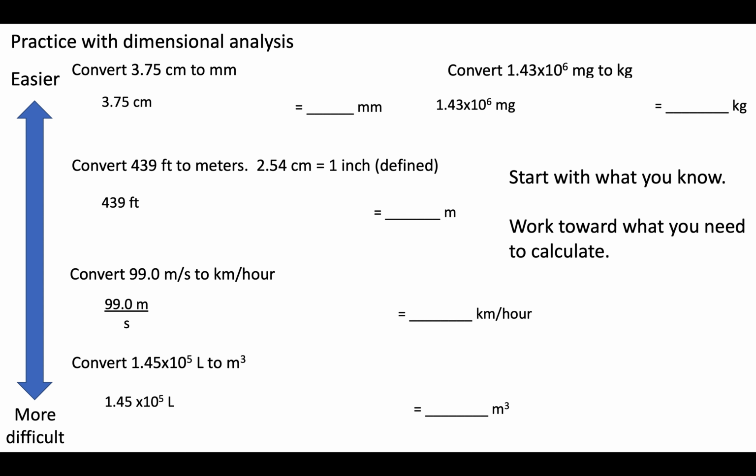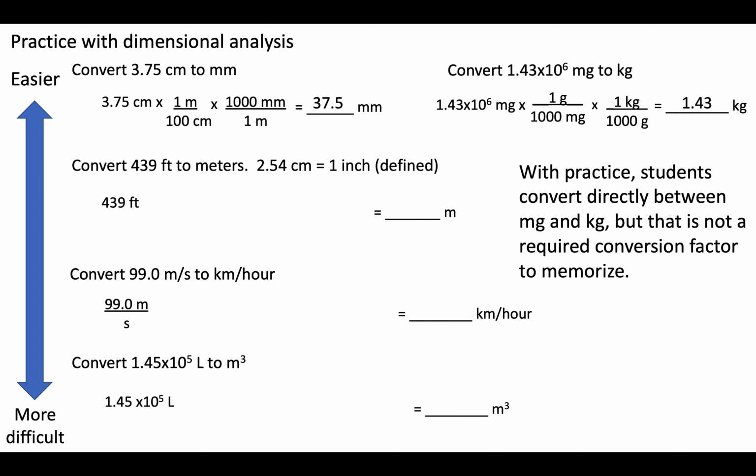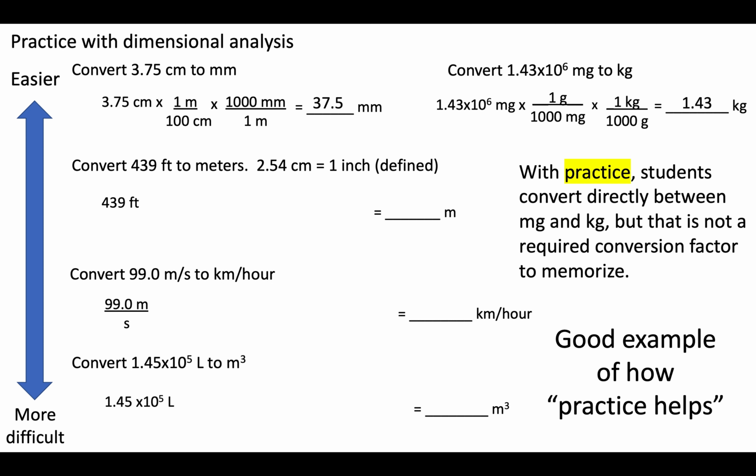The two at the top that are the easiest involve two different steps: first getting to meters and then going from meters to millimeters, or milligrams to grams, and then grams to kilograms. With practice, I know that students are going to be able to do a conversion from milligrams to kilograms directly. You'd probably do the same, but that's not necessarily a factor a student needs to memorize.